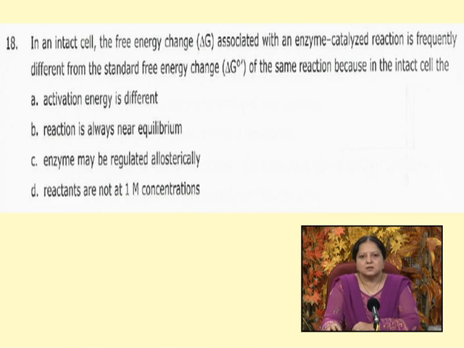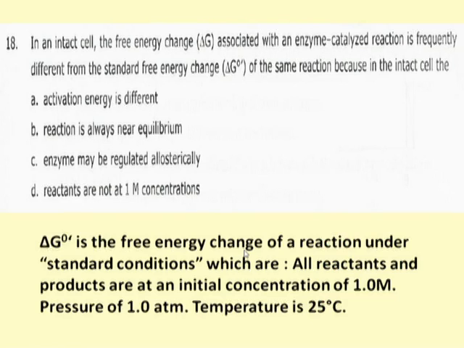So again, going back to the question, it is very clear that the question is testing the difference between delta G and delta G naught prime. If we remember the definition, delta G naught prime is the free energy change of a reaction under standard conditions.